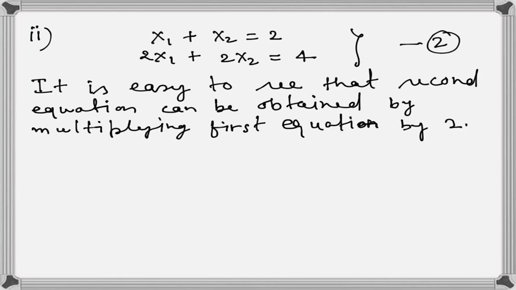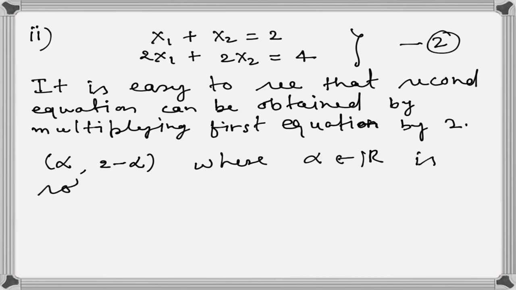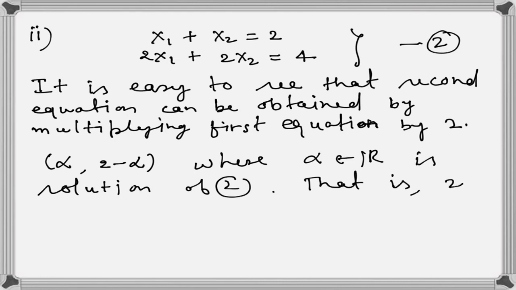Alright, so in this system of equations, any (alpha, 2 − alpha), where alpha is a real number, is a solution of (2). That is, (2) has infinitely many solutions.